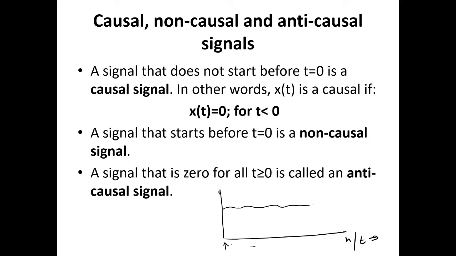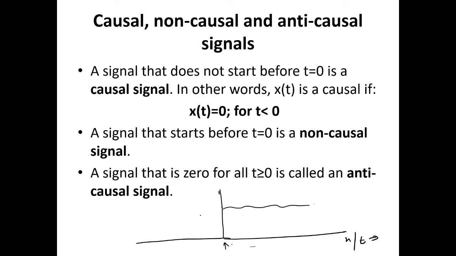In this case, if you see, all the amplitude values are in the futuristic side. That means due to some event, these amplitude values are happening. Okay, now what about the non-causal?